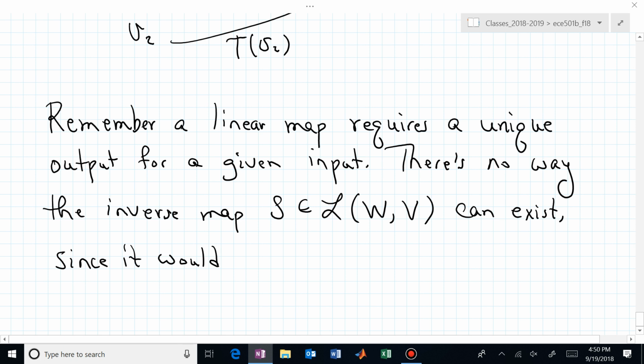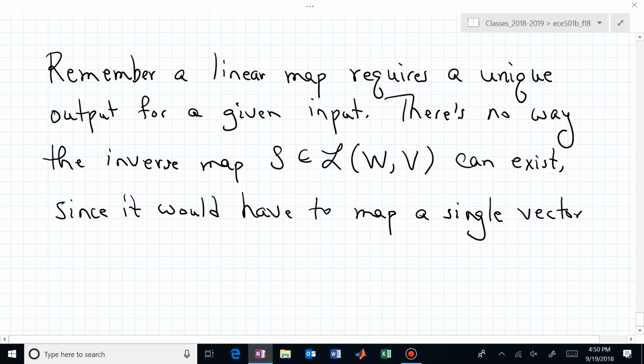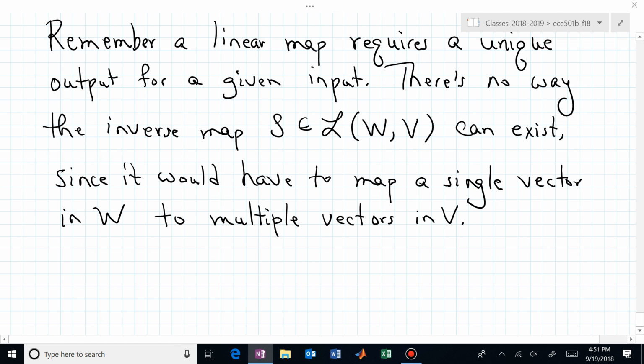since it would have to map a single vector, this W1, a single vector in W, to multiple vectors in the input vector space V. And if every linear map has a unique output, that's not going to happen.